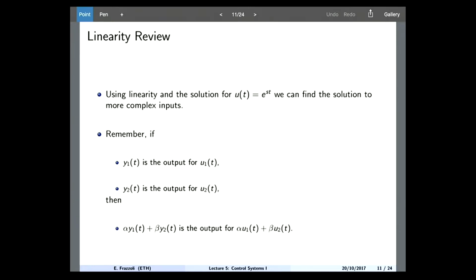In particular, if we have some input u1, and we compute the output to that input is y1, we have another input u2, and we compute the output, which is y2, then if I take the first input multiplied by alpha, and I add the second input multiplied by beta, the output will be alpha times y1 plus beta times y2. Superposition.